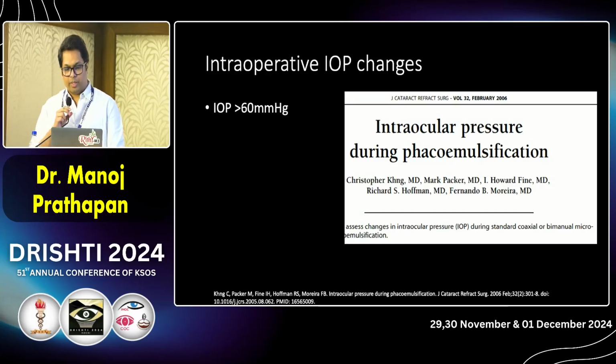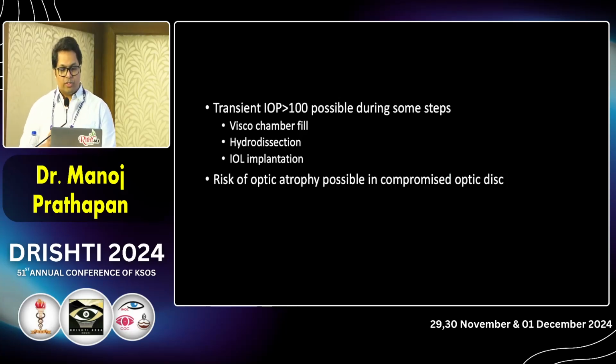Intraoperatively, we know for some time now that the pressure increases during phacoemulsification to about 60 millimeters of mercury. There could be transient intraocular pressure up to 100 millimeters of mercury during some of the steps, like viscofill of the anterior chamber, hydrodissection, and IOL implantation. The risk of optic atrophy is possible in a compromised optic disc.